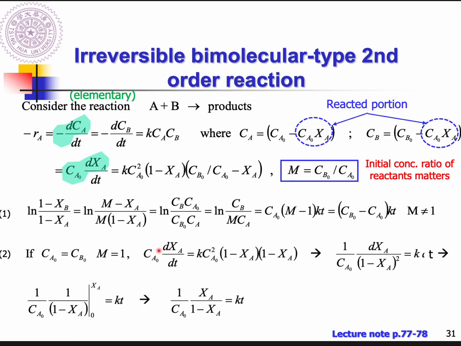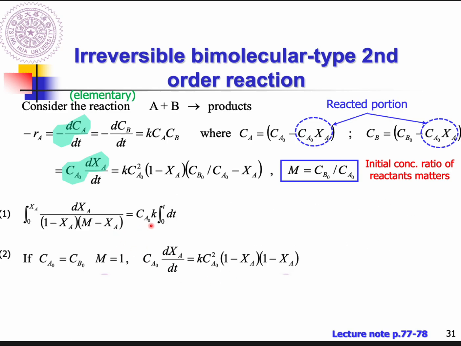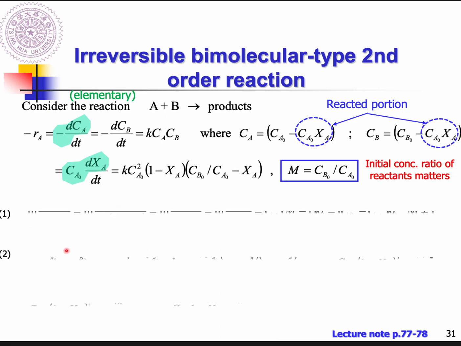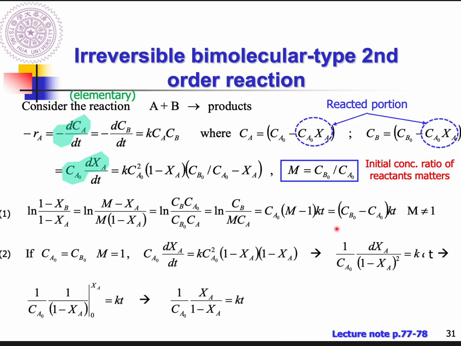Sorry. So after you have listed the two equations, you then try to solve them. For the first one, you will get this expression in terms of XA and t, while M is not equal to 1.